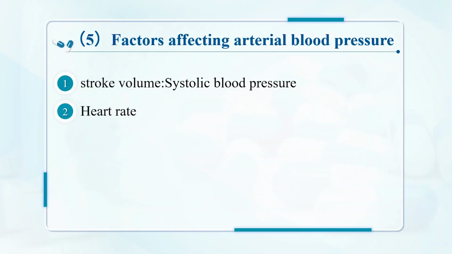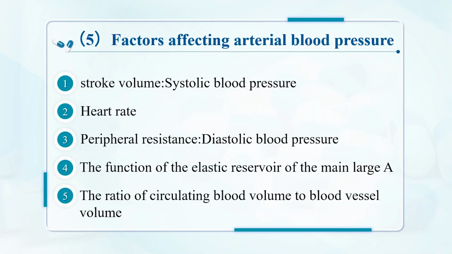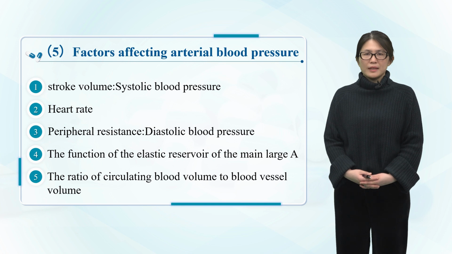Under physiological conditions, changes in arterial blood pressure are the result of a combination of many factors. Common factors are as follows. Changes in stroke volume mainly affect systolic blood pressure.